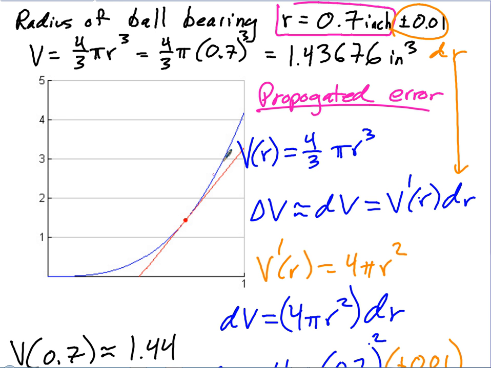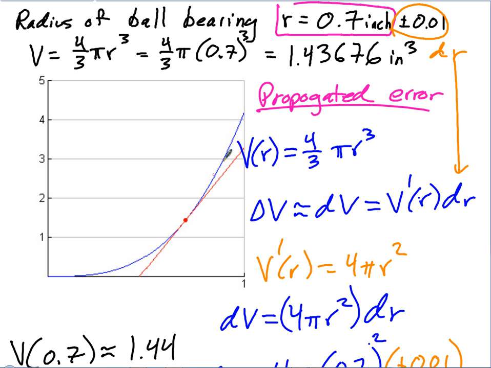Let's just say that we're too small, that the actual measurement is 0.71 instead of 0.7. Compare that situation to if our value is a little too big. It's actually, in reality, 0.69 instead of 0.7. Are those going to have equal effects on the volume, the top error or the bottom error?